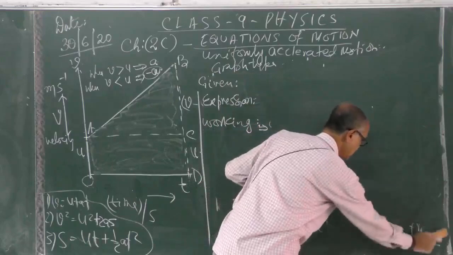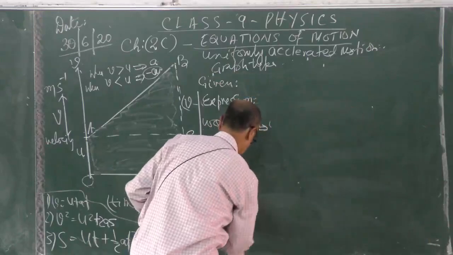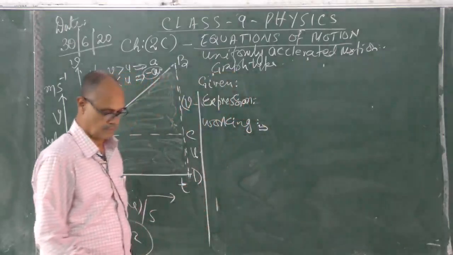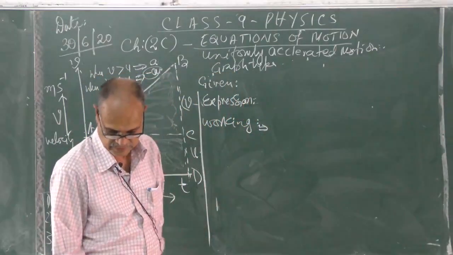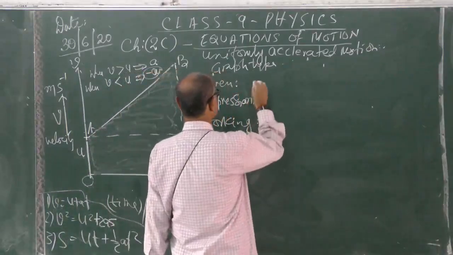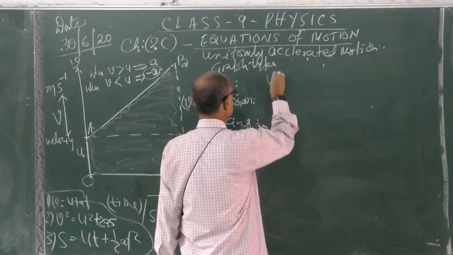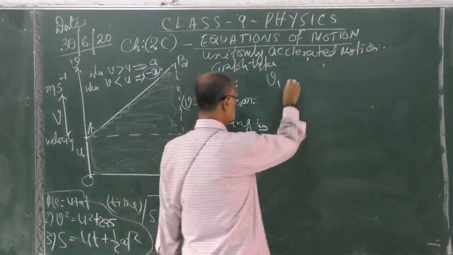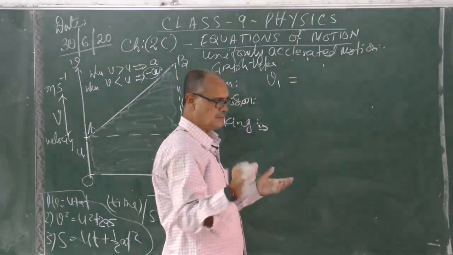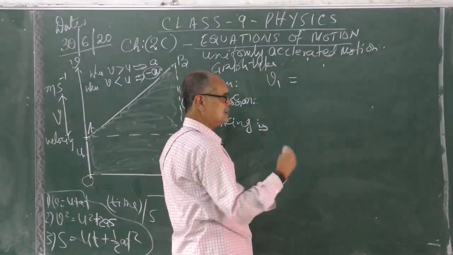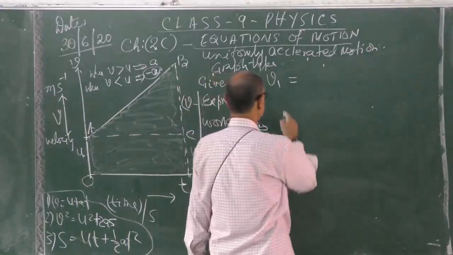So the data is given here. The given part: speed number 1. Can I write speed number 1 as v1? This is simply a suffix, just showing the first term.